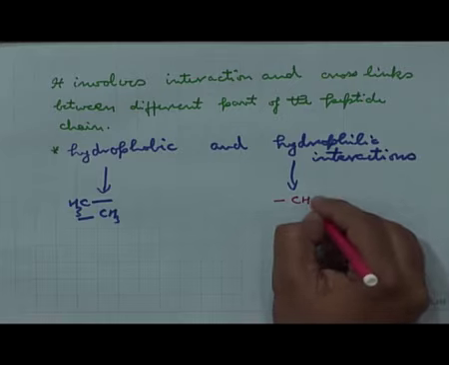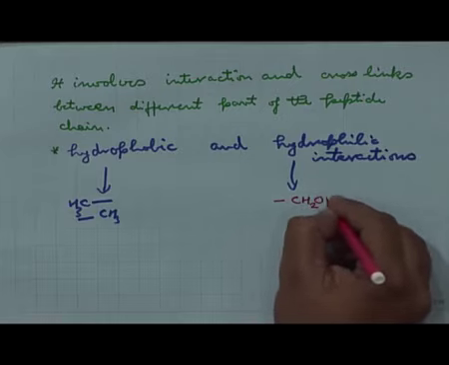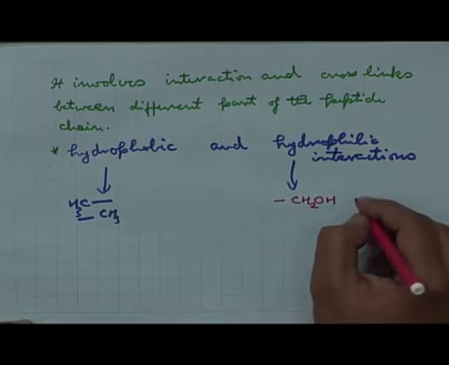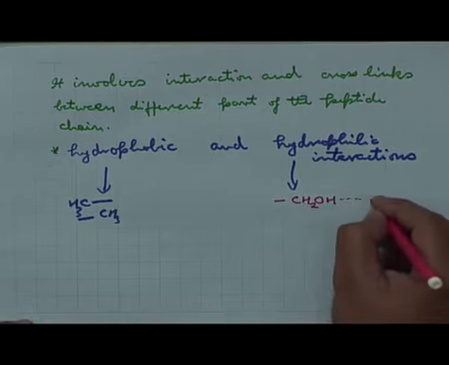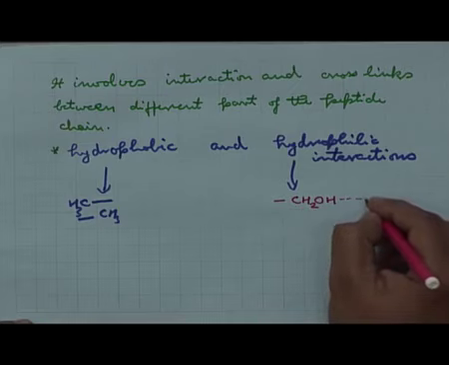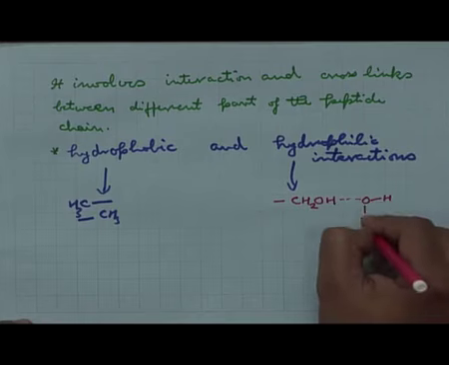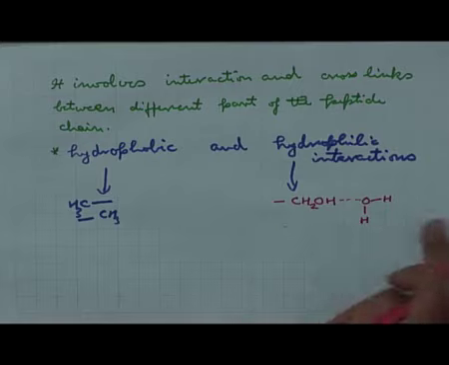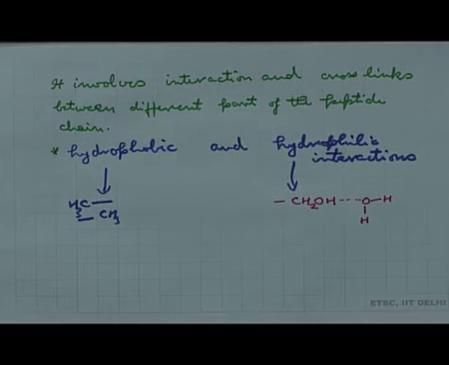So, if the substituent is CH2OH, and in the vicinity you have a water molecule, then it can give the hydrophilic interaction. So, it has either water molecule or alcohol. So, this interaction is called hydrophilic.